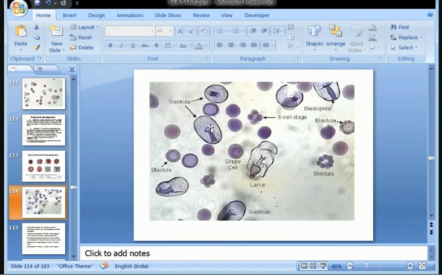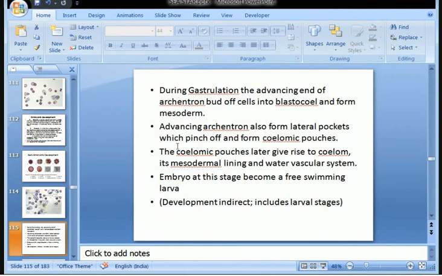So some cells from this advancing end bud off and come to lie in the blastocoel, and then they differentiate into mesoderm. Also, the advancing archenteron forms lateral pockets which pinch off and form the coelomic pouches. The coelomic pouches also develop from the advancing end of the archenteron, and these coelomic pouches later give rise to the coelom.